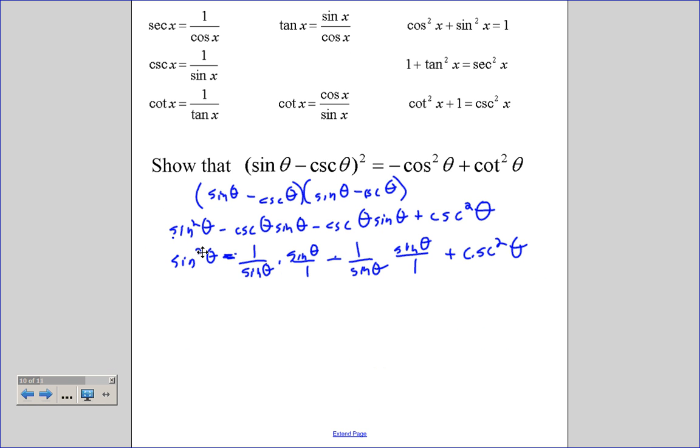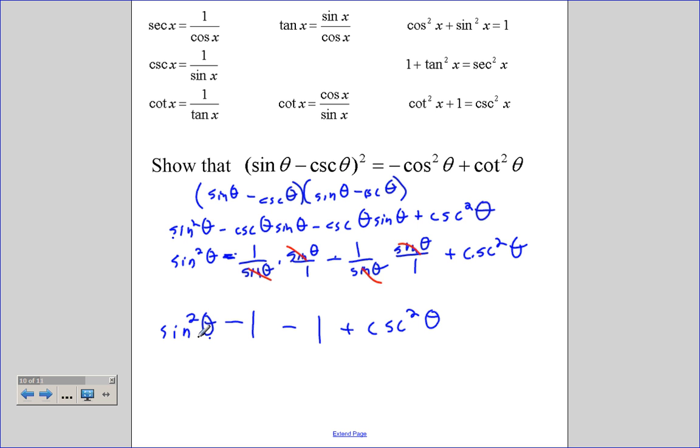Now this sine of theta divided by sine of theta is 1 on both of those. So 1 times 1 over 1 is going to be 1. 1 times 1 over 1 is going to equal another negative 1. So we have negative 1 and negative 1. And sine squared theta minus 1 minus 1 plus cosecant squared theta.